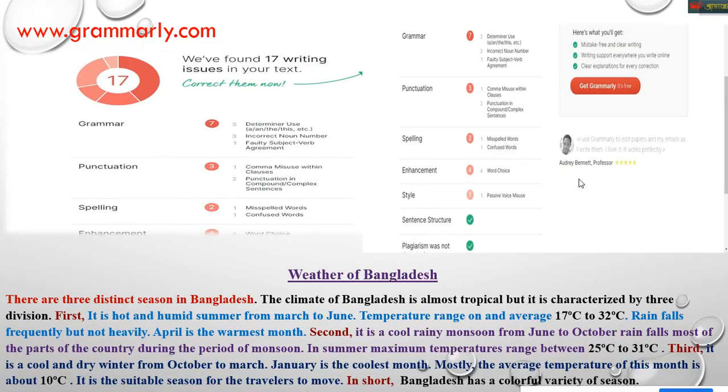Okay, you see, as I said in my last slide, it was the very raw paragraph, and when I drag and drop it on the software, it found 17 writing issues. As I said, the issues were grammar, punctuation, spelling, enhancement, style, sentence structure, and plagiarism.